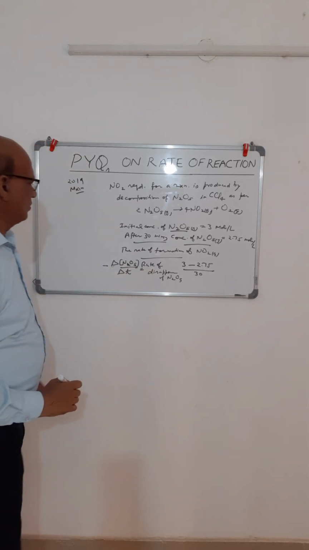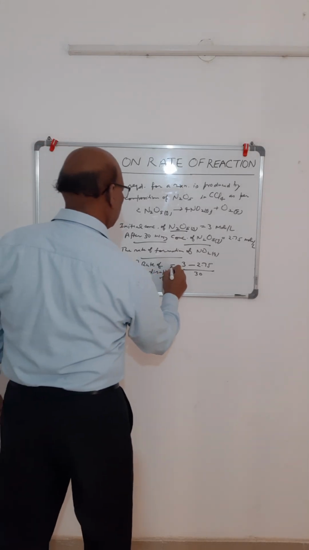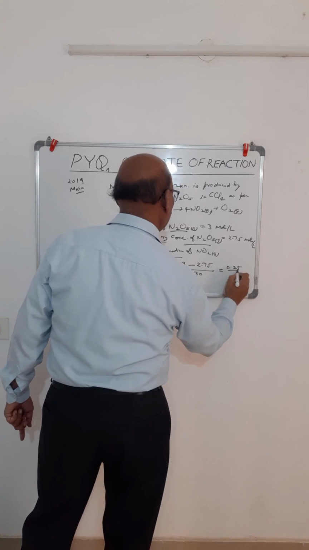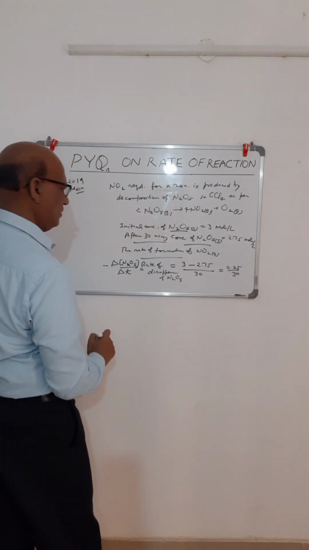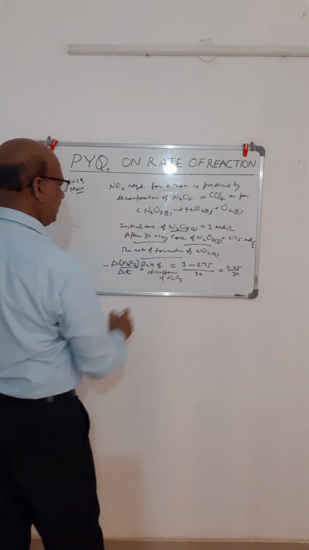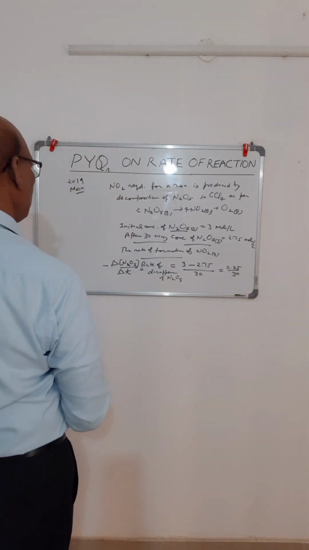This will be 0.25 divided by 30, so this much moles per liter per second. This is the rate of disappearance of N2O5.